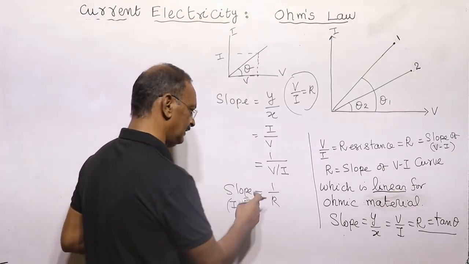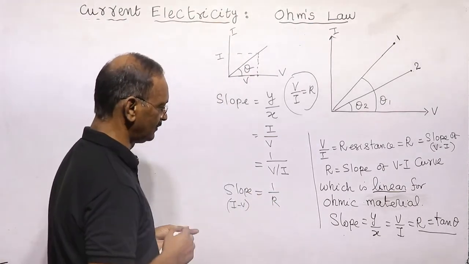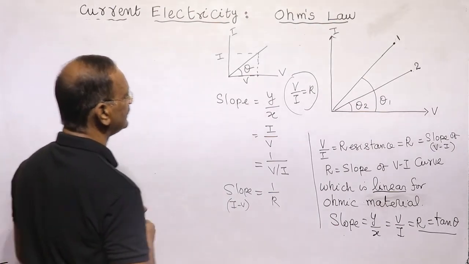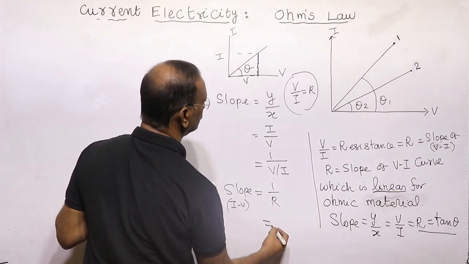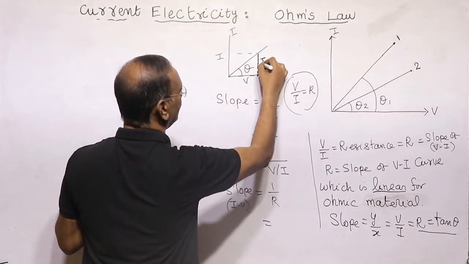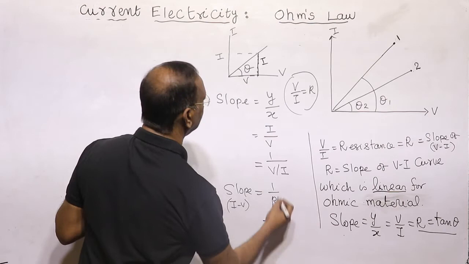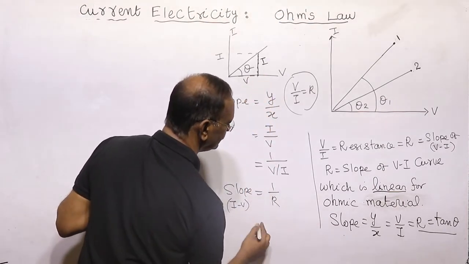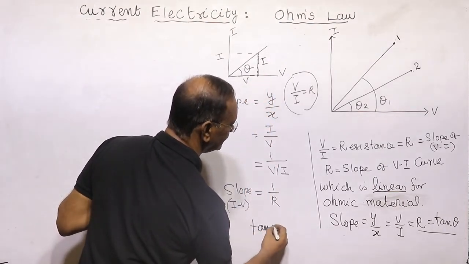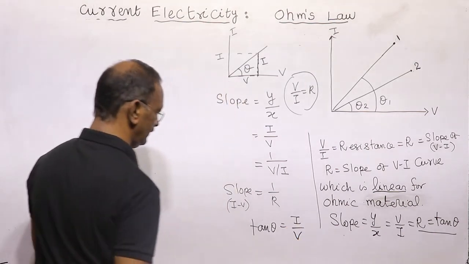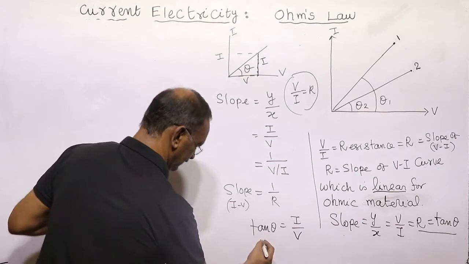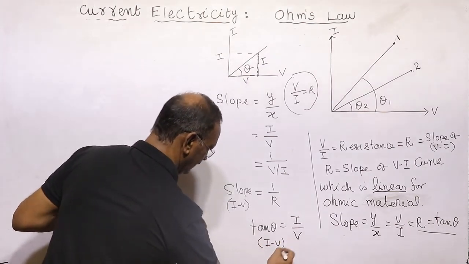For the IV graph, the slope represents 1 by resistance. Here the y coordinate is I and the x coordinate is V, so tan theta is I by V.